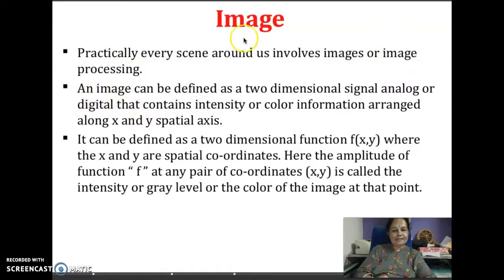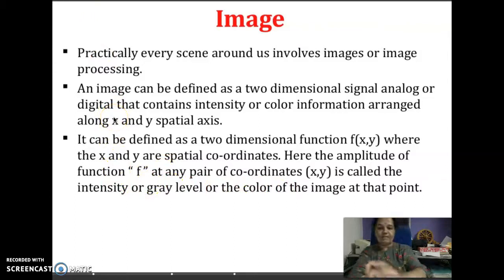So when it is pictorially represented on a plain sheet, we shall call it a two-dimensional signal. It could be represented in an analog or digital mode. So an image is defined as a two-dimensional signal, which could be analog signal or digital signal. And this two-dimensional signal contains the information of intensity or color information arranged in X and Y spatial direction.